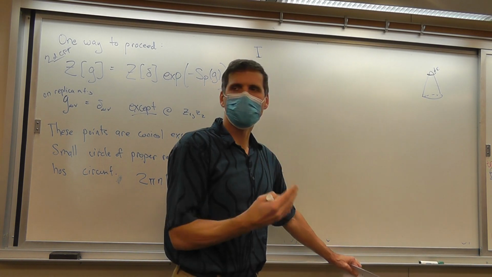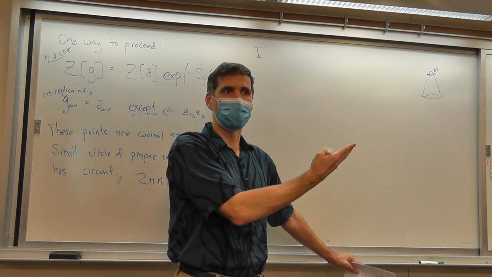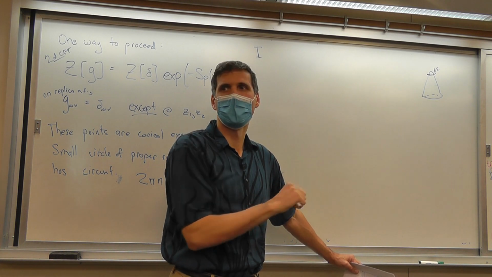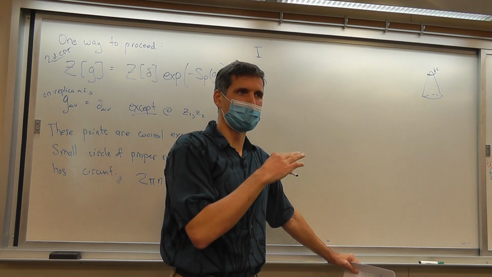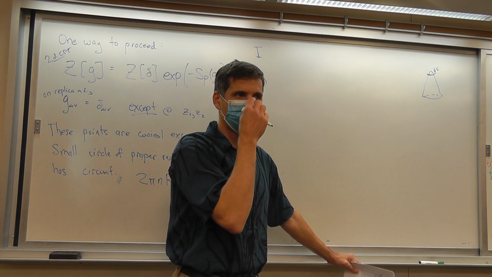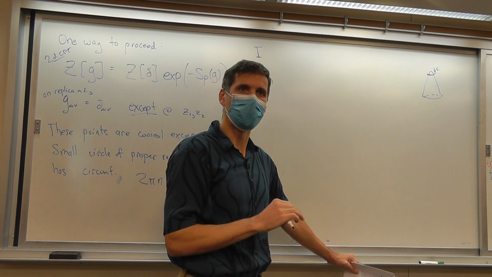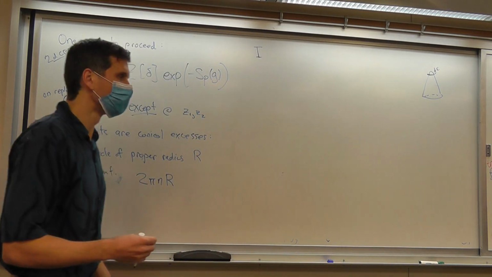And the answer that you get will now depend on your regulator. It will depend on how you cut out those singularities. But that will just go into the UV divergence of the entanglement entropy. It's supposed to depend on the regulator, so it's okay. And the answer we get by this other method will also depend on the regulator.